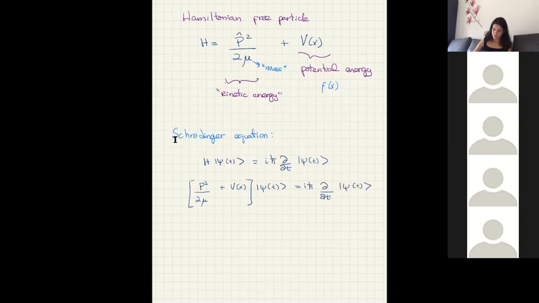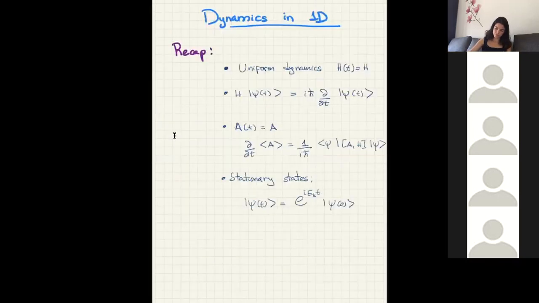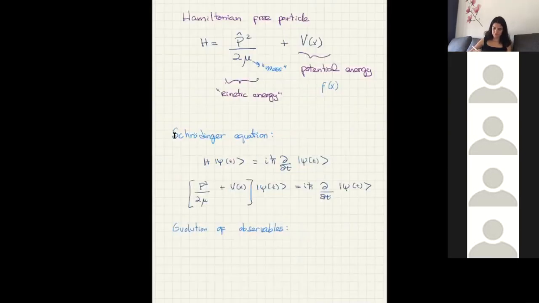Okay. But we want to see how observables evolve. So we need to compute, as we saw before, just this commutator. This will be the essential thing.